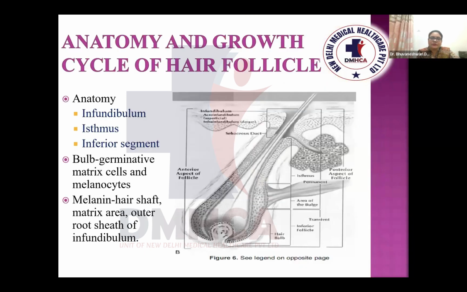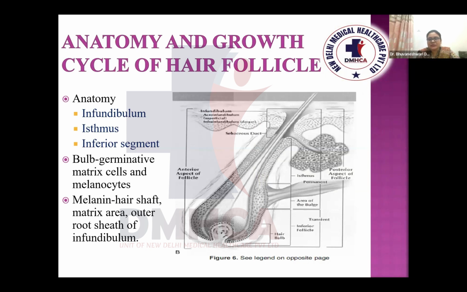The anatomy and growth cycle of the hair follicle we have learned in previous classes. On longitudinal section, the hair follicle has been classified into infundibulum, isthmus, and inferior segment, which is classified into bulge and hair bulb region. The bulb consists of germinative matrix cells and melanocytes.